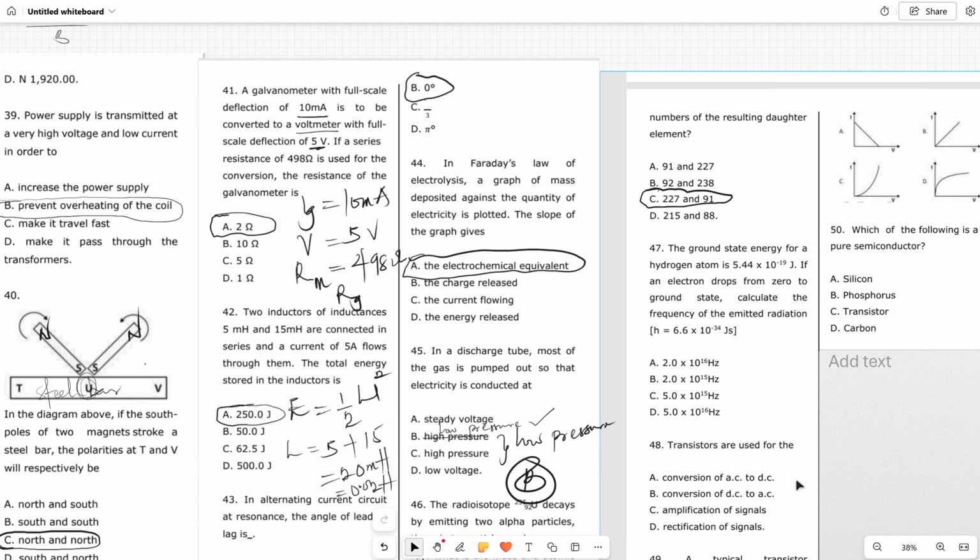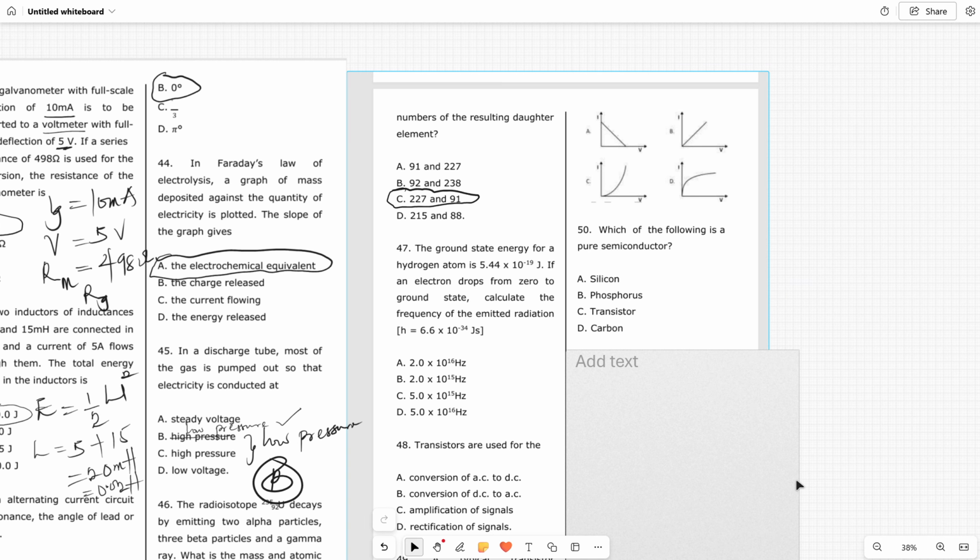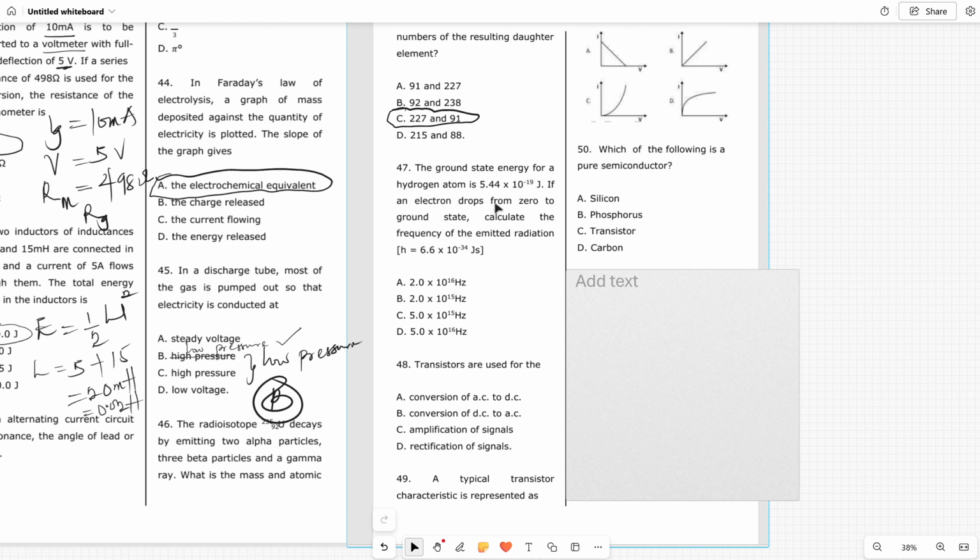47. The ground state energy for a hydrogen atom is 5.44 times 10 to the power minus 19 joules. If an electron jumps from 0 to ground state, calculate the frequency of the emitted radiation. So this is coming from emission of radiation in atoms, right?